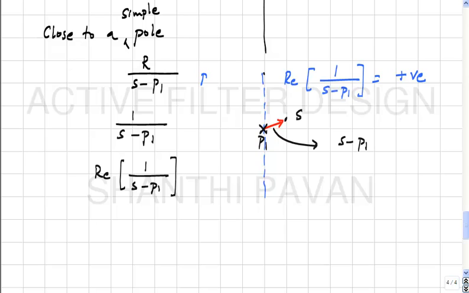The real part of 1 by S minus P1 to the left must be negative, and when it's on the j omega axis, the real part must be 0. Does it make sense? Okay. Is that clear?